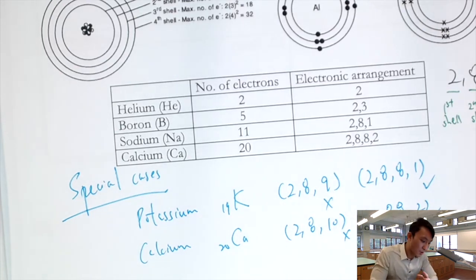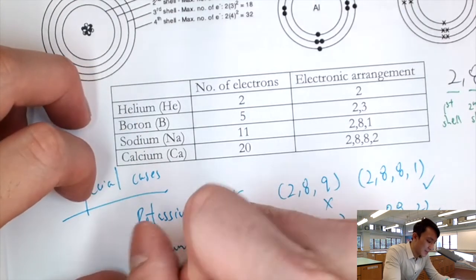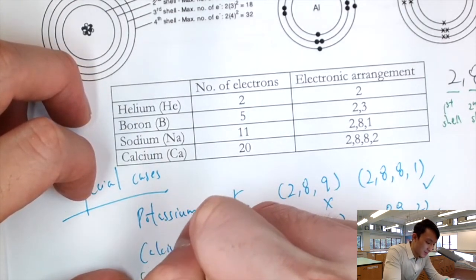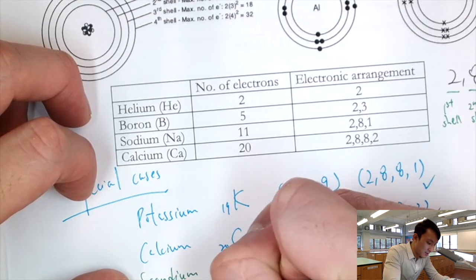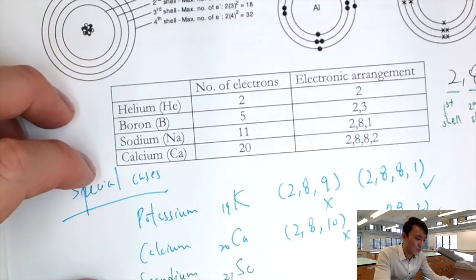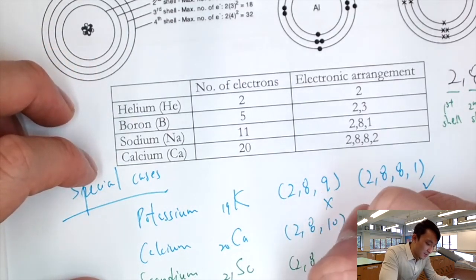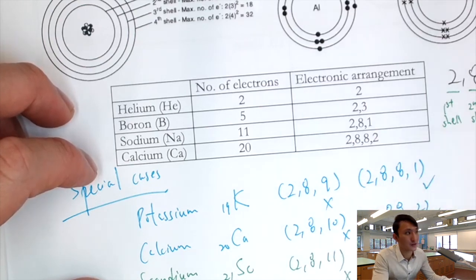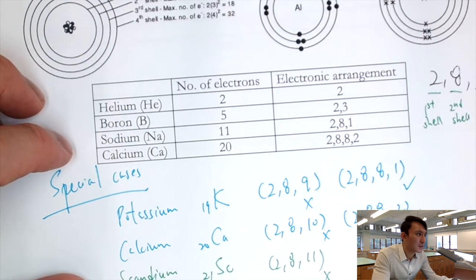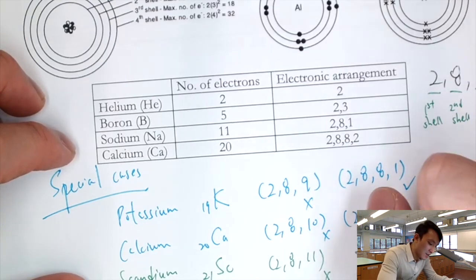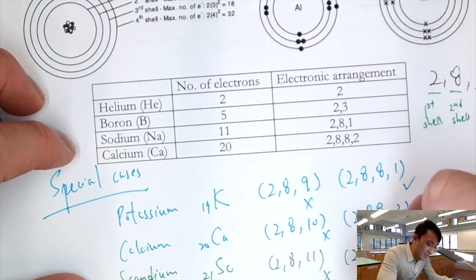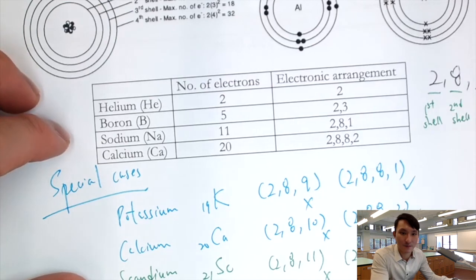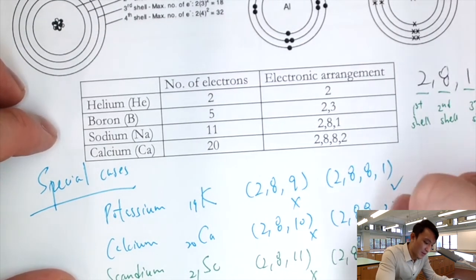Just to give you one more, what about scandium? Scandium is Sc 21. So some of you may think, okay, 2, 8, 11, of course, it is not correct. Some may think, I know this time, 2, 8, 3. Haha, must be like this. Sorry, wrong again.